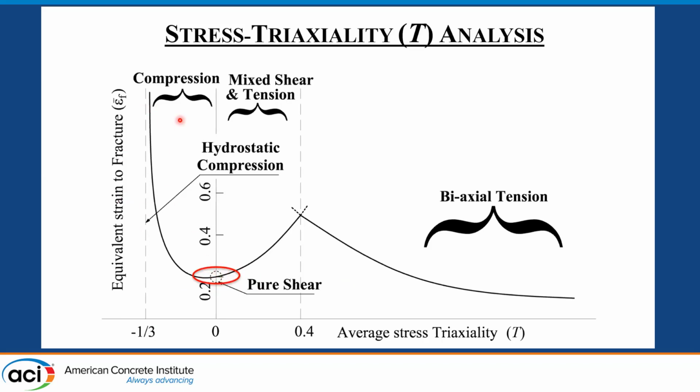Because we have a pretty good idea of how concrete works in compression. We have a decent idea of how concrete works in tension or bending. So that triaxiality 0 part is what we are missing in our knowledge. Experimentally, we have several models, but we don't have physical experiments to prove which one is most accurate.